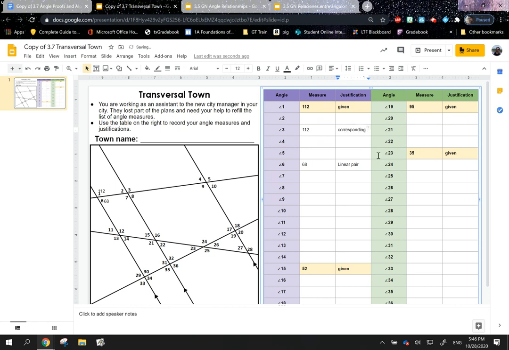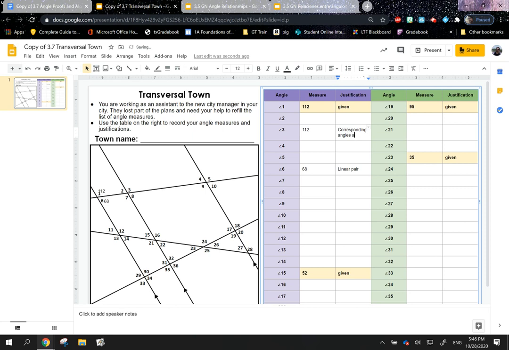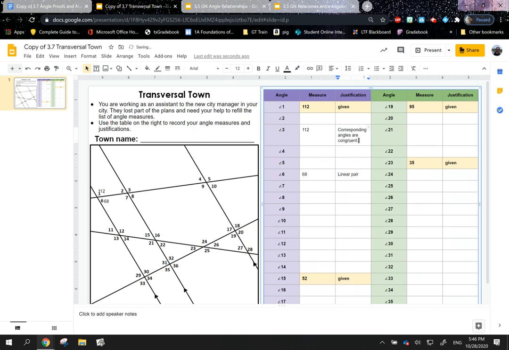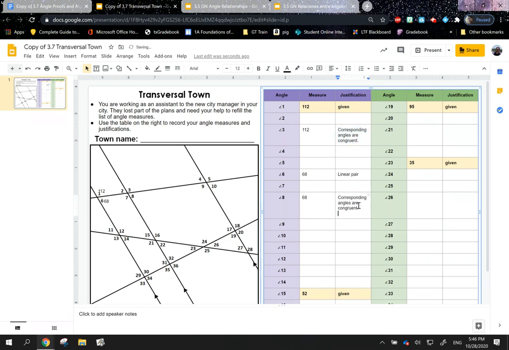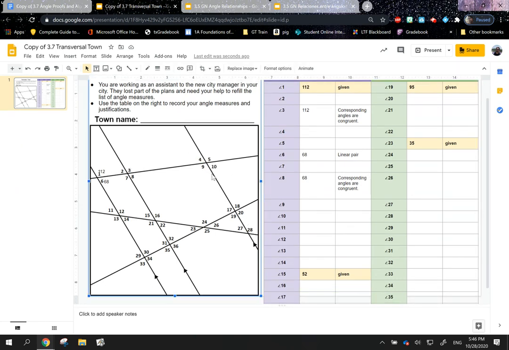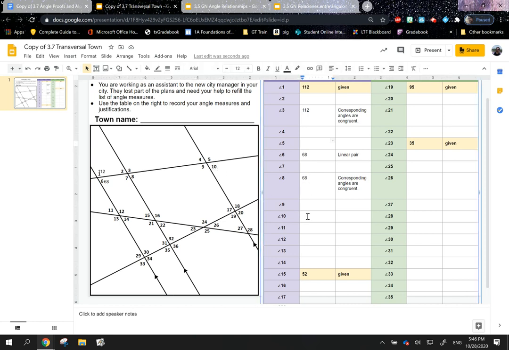So I can leave that as corresponding, or you can write corresponding angles are congruent. And we said that angle 8 should be 68 for the same reason. So I'll write 68 here, and I'll copy that and paste it down here. Now, because this line way over on the right-hand side is also parallel to these, that means 1 and 6 are also congruent to 5 and 10, respectively. So 5 and 10 would also be 112 and 68.